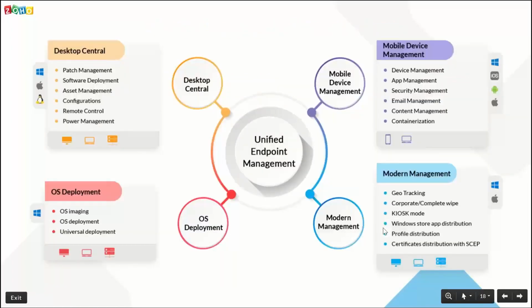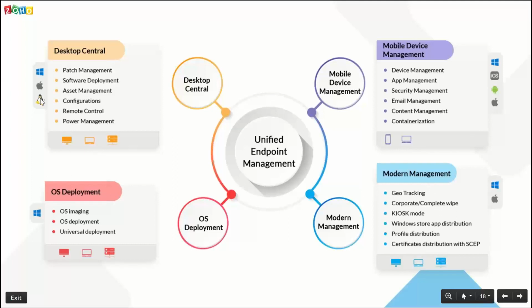So here you have a detailed view of the Desktop Central's UEM edition feature. As I mentioned before, it comes with client management abilities, mobile device management, OS deployment, and modern management capabilities.